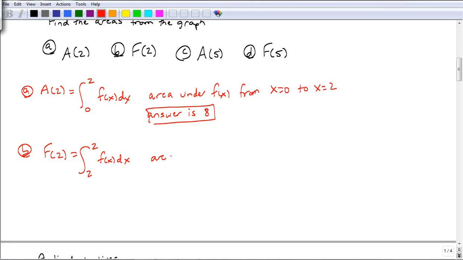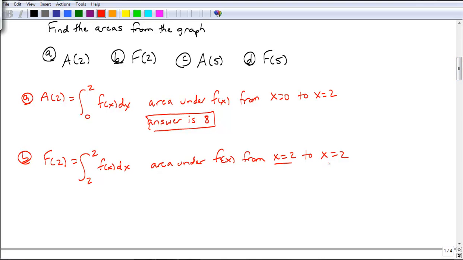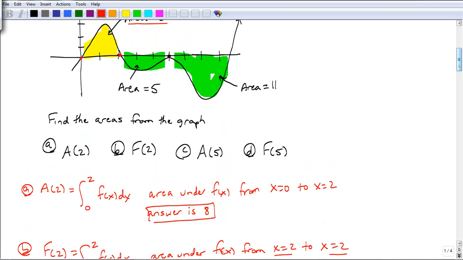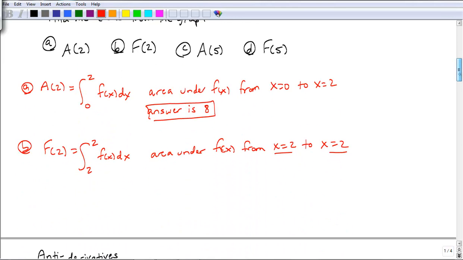That's the area under f of x from x equals 2 to x equals 2. Now this is weird, because the x value is the same on both of them. There's nothing but a dot there. There's no area to find because I don't move across the x-axis to have an area generated. There's no area under that because it's at a single point. So the answer is 0.